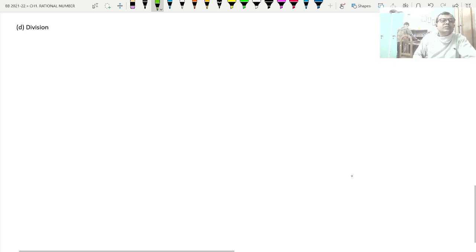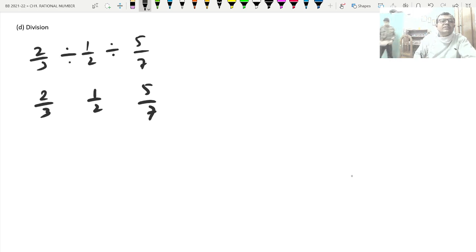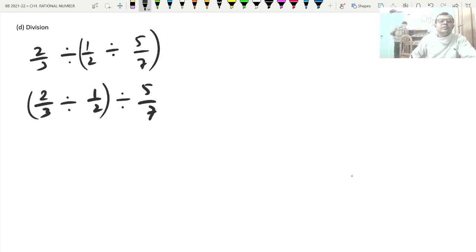For division, let us take a simple example. 2 by 3, 1 by 2, 5 by, suppose, 7. Here we give division. So can you guess they will be equal or not? These two and these two.